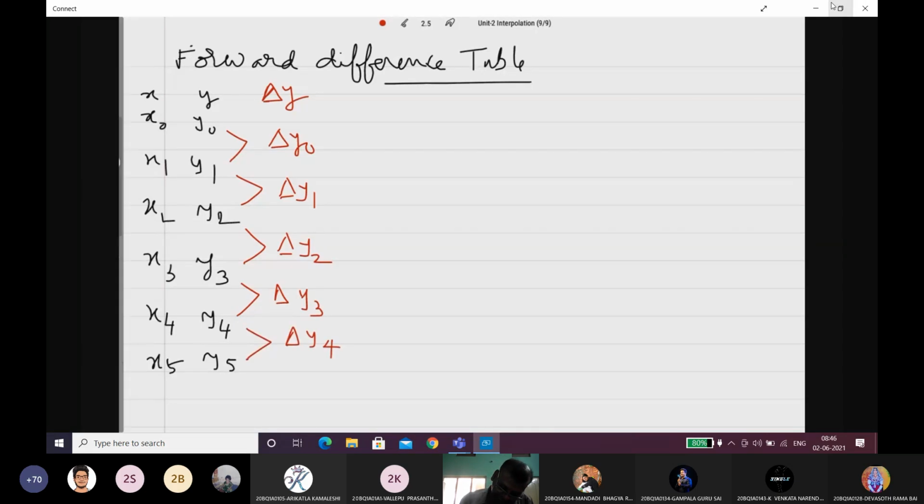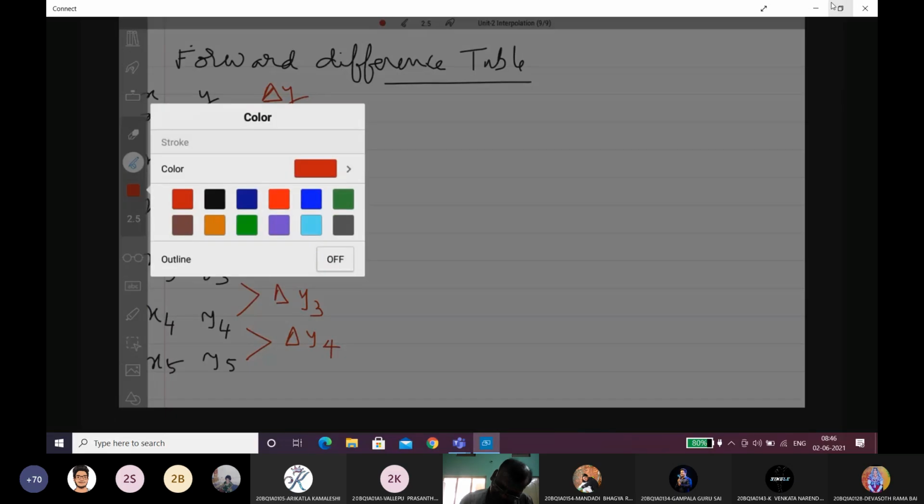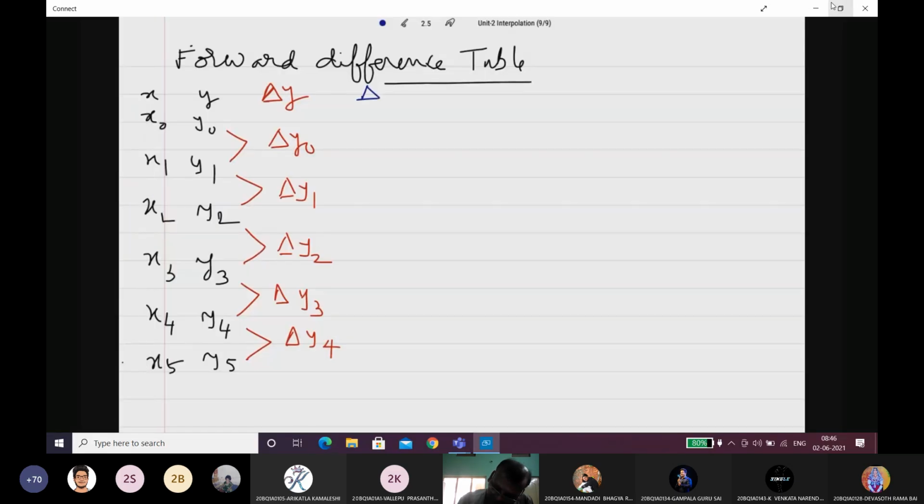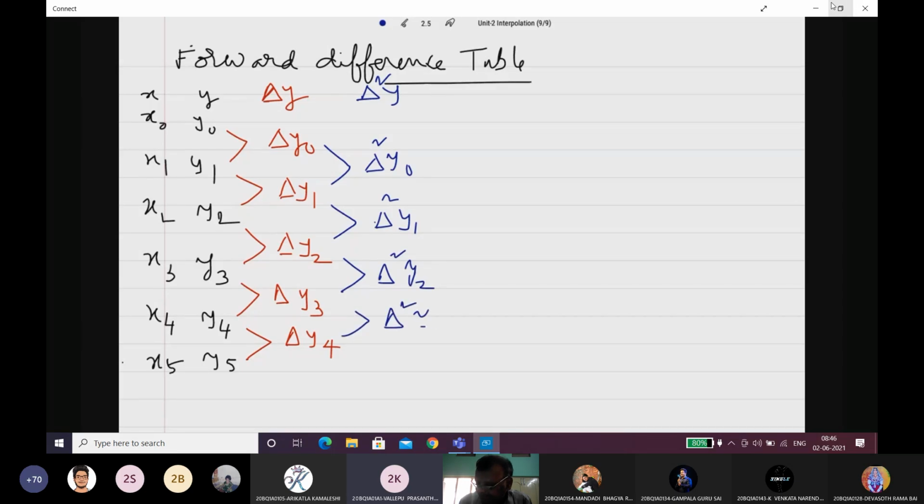Then again change the color for second forward: delta square y0, delta square y1, delta square y2, then delta square y3. That is second.